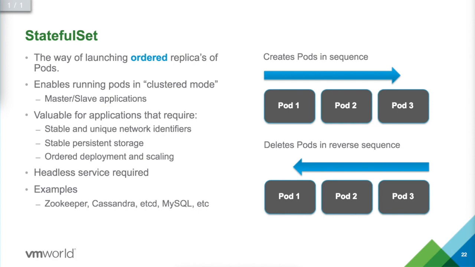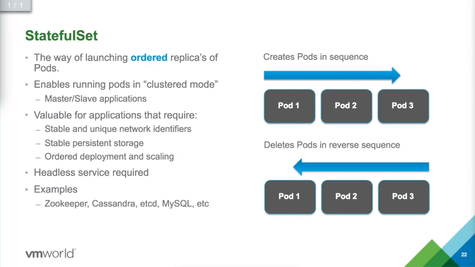The value proposition of stateful set is that it maintains a kind of sticky identity for each pod across the whole lifecycle of the pod. Each pod has a persistent identifier that is maintained across any rescheduling. In a stateful set, the pod is recreated with the same name and properties to maintain a consistent identity.